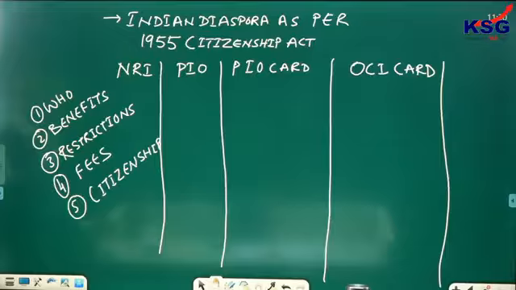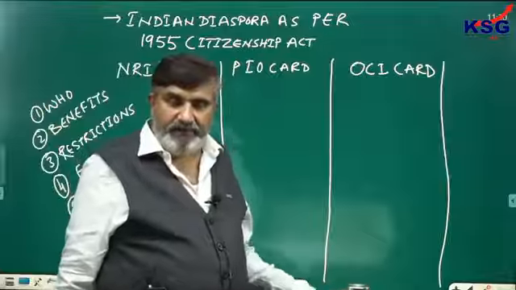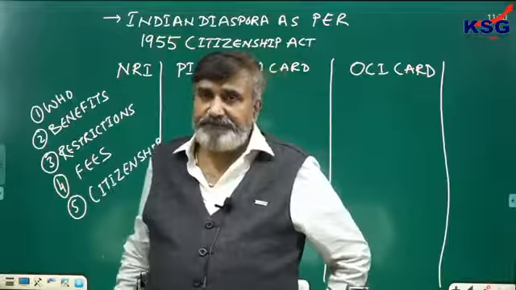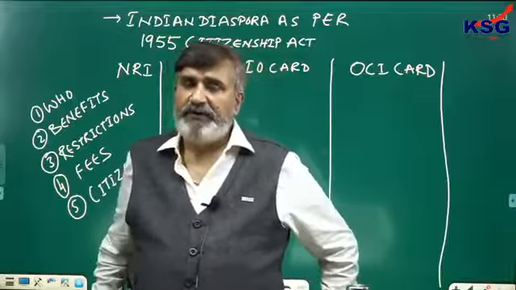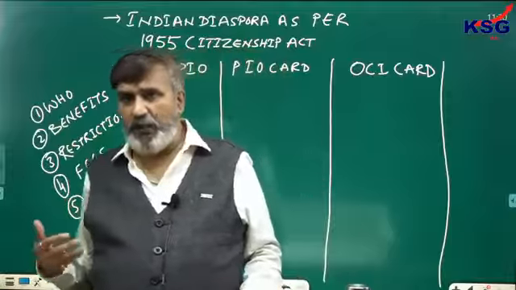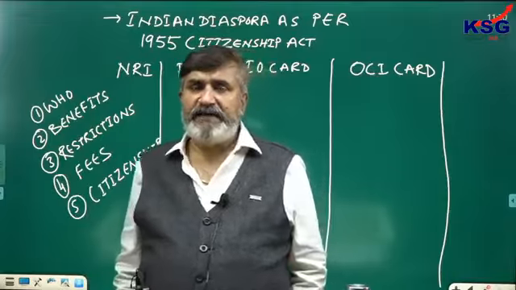Now, regarding the abbreviation part, NRI is non-resident Indian, but that is not the meaning of who. Who is NRI? So NRI, basically he or she is an Indian citizen, Indian passport holder, but they ordinarily reside outside India for more than 182 days in a year.